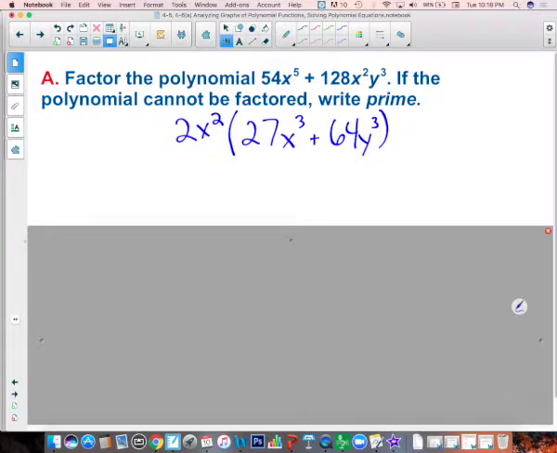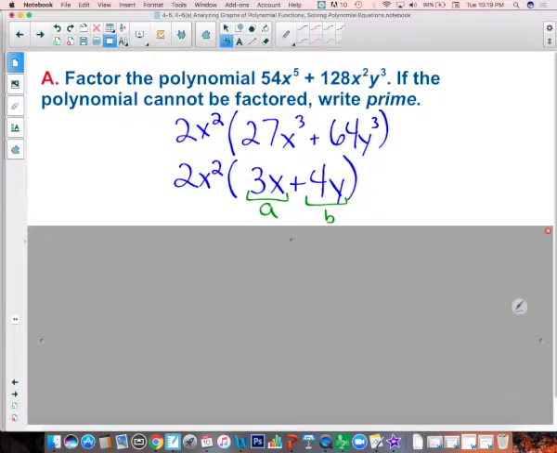They are. 27 is 3 cubed, and 64 is 4 cubed. So we can apply our pattern here. I'm going to put that 2x squared way out front. I know that 3 cubed is 27, and I'm going to tag that x along there. I know that 4 cubed is 64, and I'm going to tag the y along. Just like we did before, that whole thing is A, that whole thing is B. Then you apply the pattern.